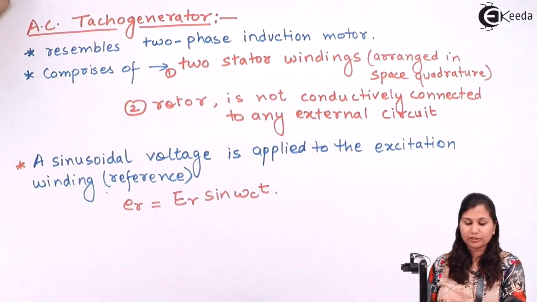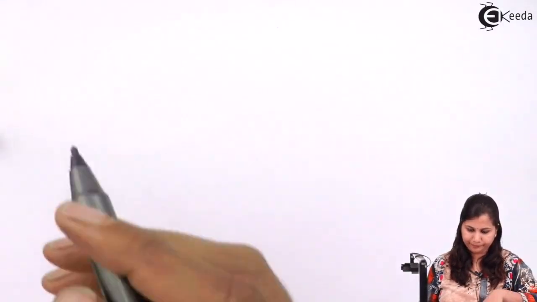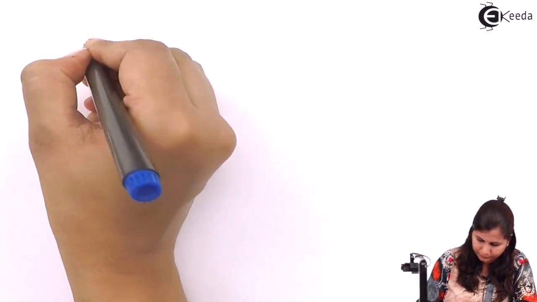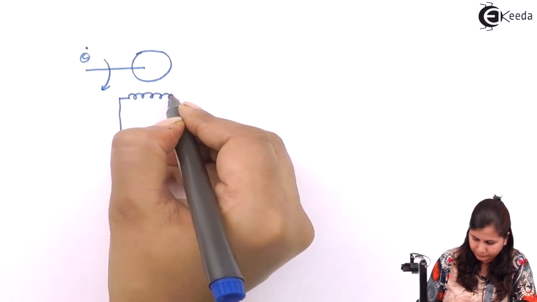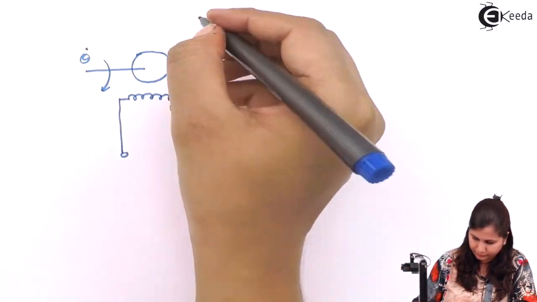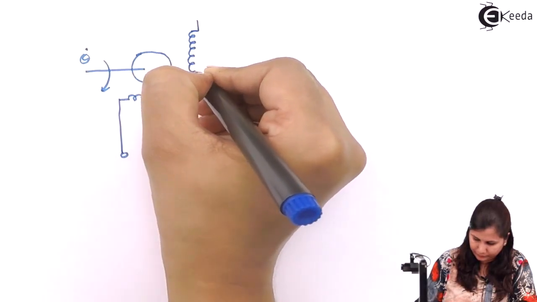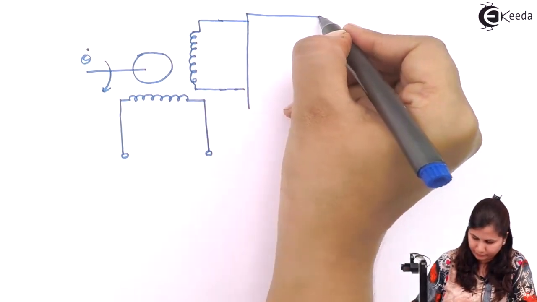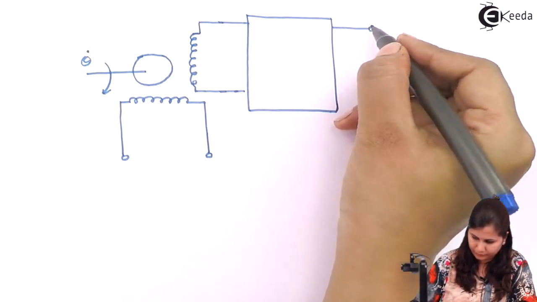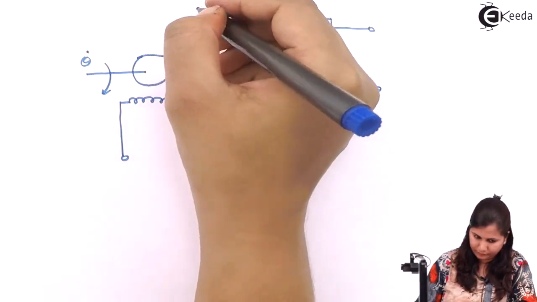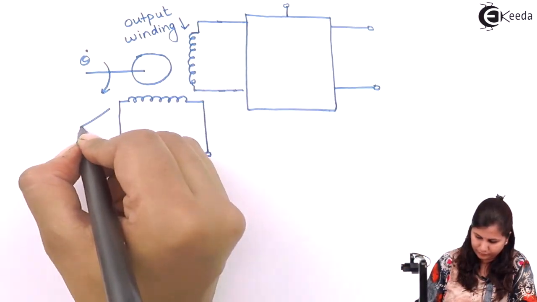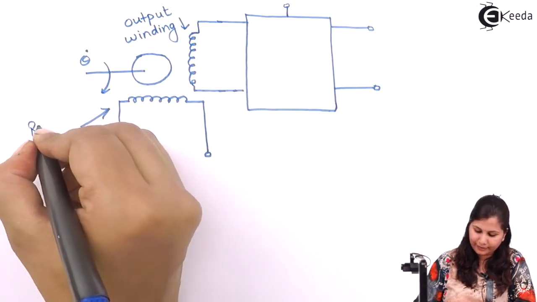Now if we draw the circuit for the AC tacho generator, it will be like this. This is the output winding and it is the reference winding.